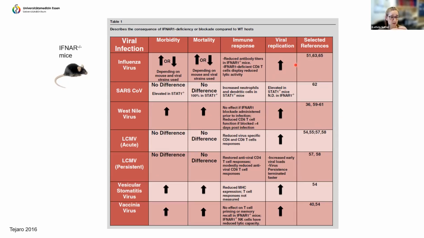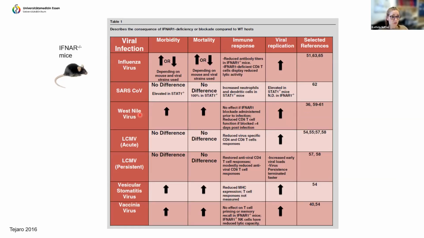This indicates that yes, there is interferon produced, but the interferon itself cannot do anything against the virus if the receptor is missing. You need the receptor for the activation of the downstream signaling cascade, and so the transcription of all these interferon stimulated genes, which then either directly inhibit virus replication, transcription or translation, or improve the host immune response so that T cells, NK cells and macrophages can efficiently fight against the virus.